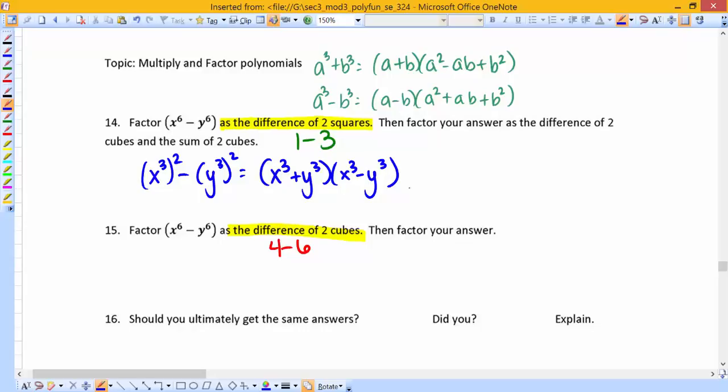Actually, you know what? I think I'd rather just do this one in class so you're all seeing it. It's not a super easy problem. Some of you are going to be able to do this one just fine.